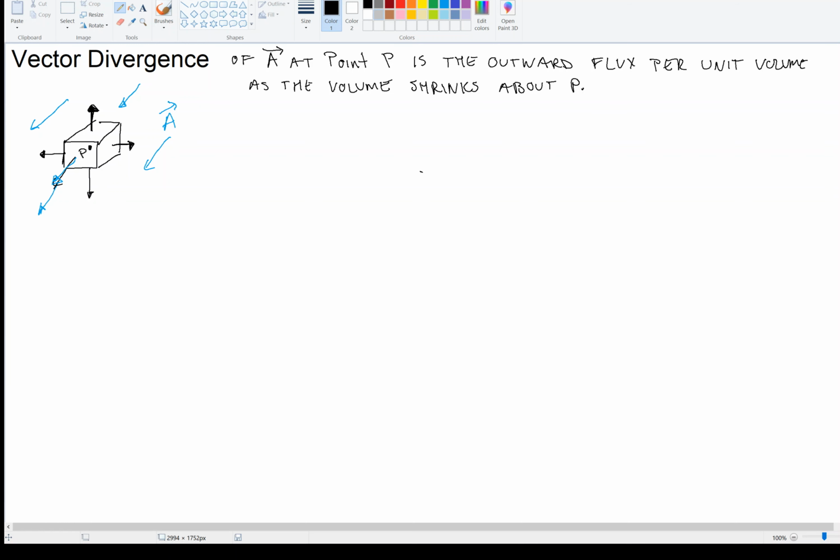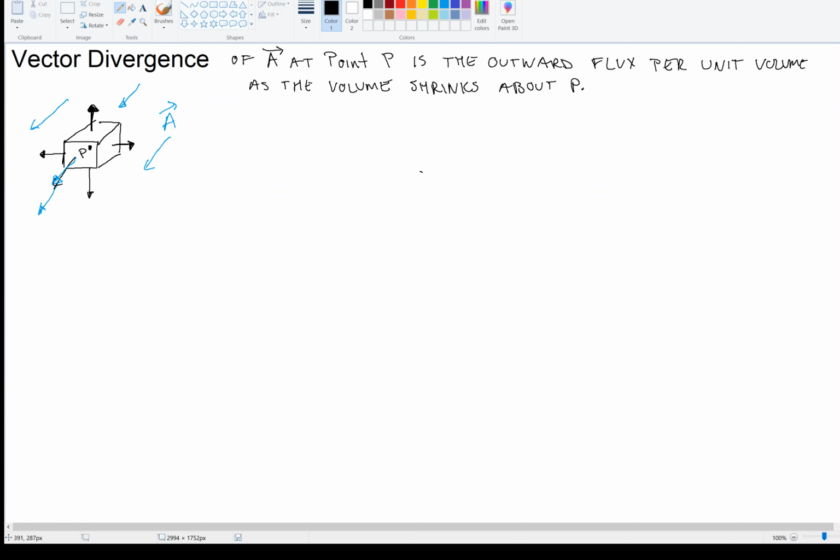These conventions are chosen so that when you do the dot product of the field with the outward surface area, you get a positive number. Outward flux is positive, and inward flux is negative. If the vector field is going into the back face, that would be negative flux through that area in the back.